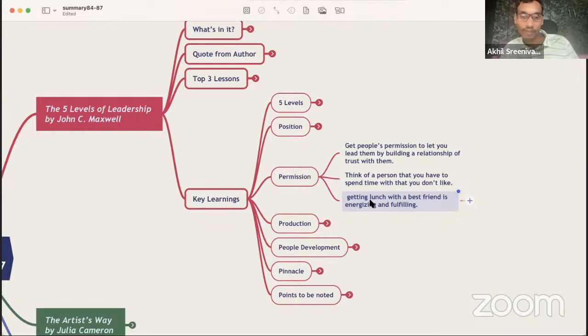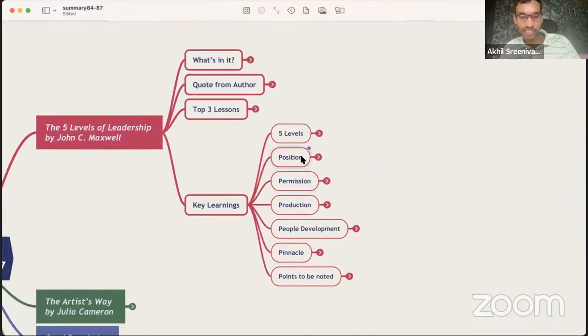So that is the second level of leadership, which is nothing but seeking permission and getting rapport. So the first thing is to work on your position based on your core values. The second thing is to try to help others with trust and by seeking permission.